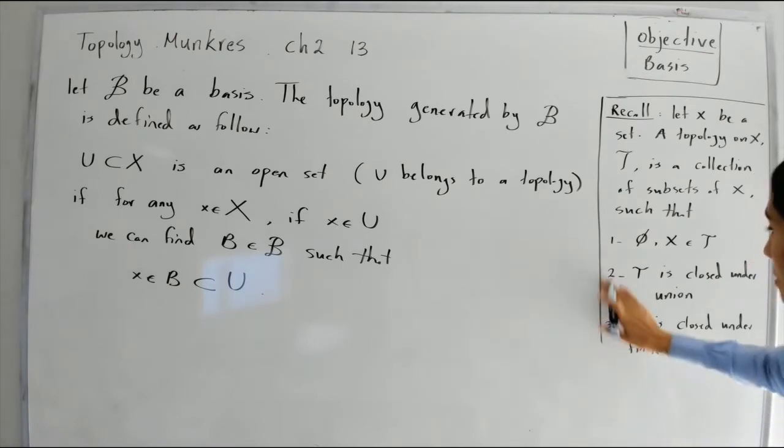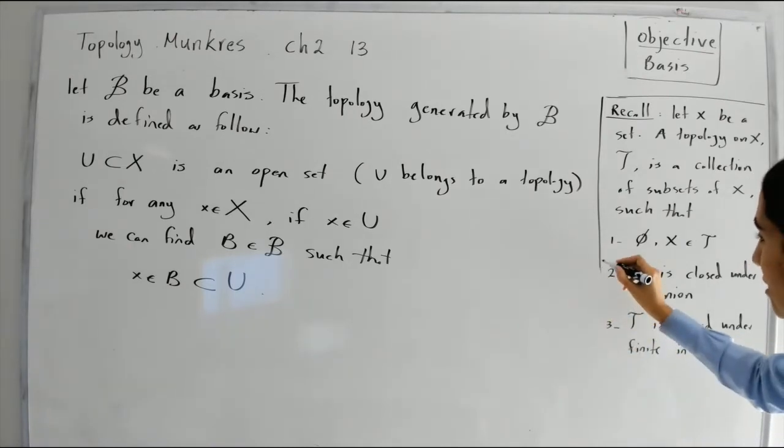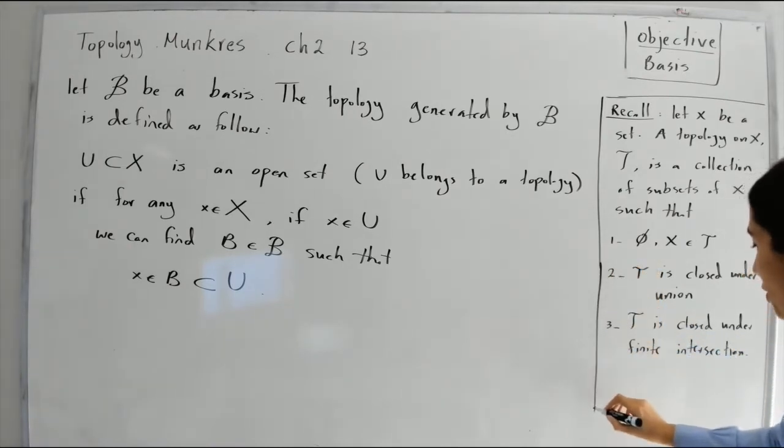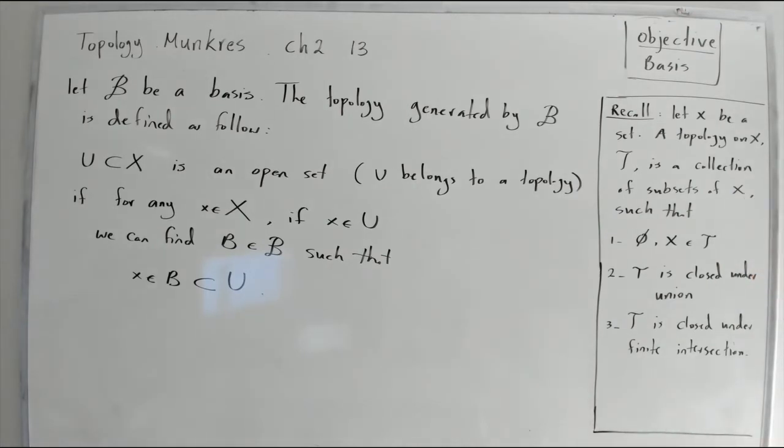Remember that for this new mathematical object that we define here, its elements are called open sets. U belonging to tau is called an open set.